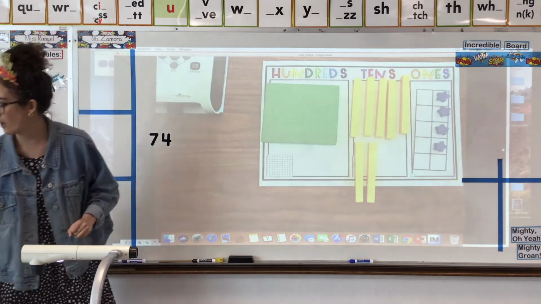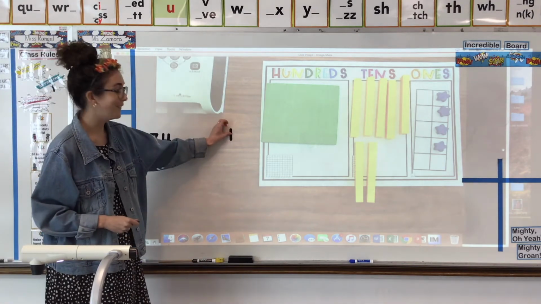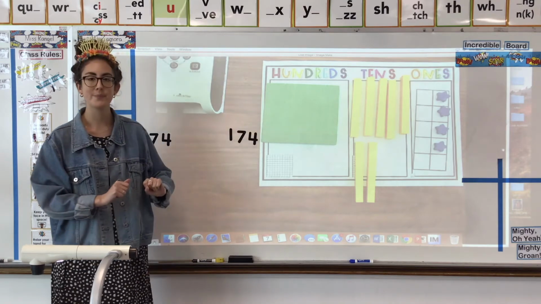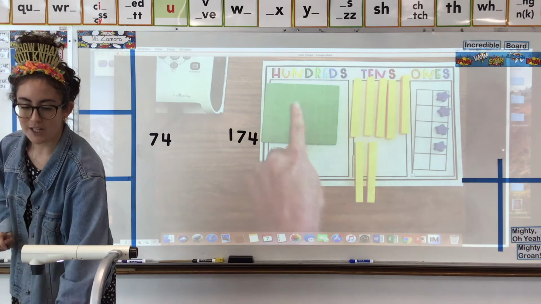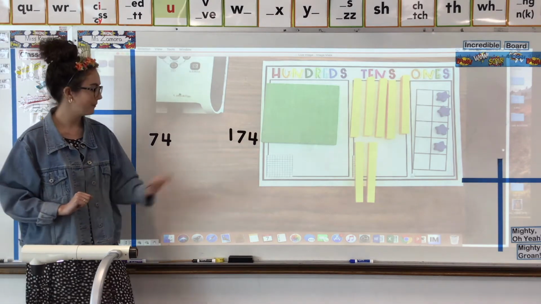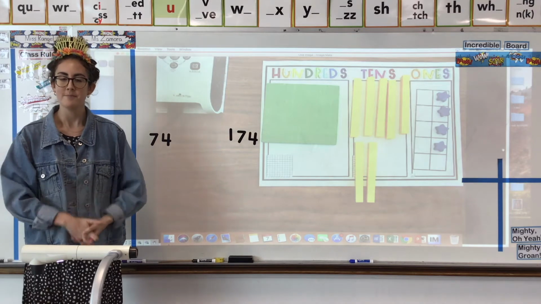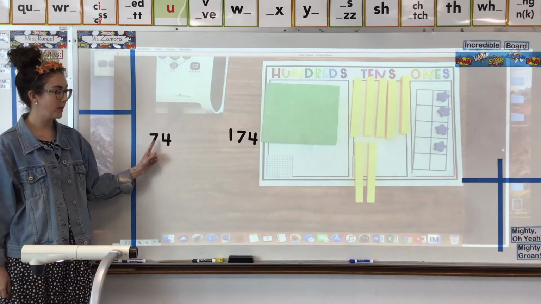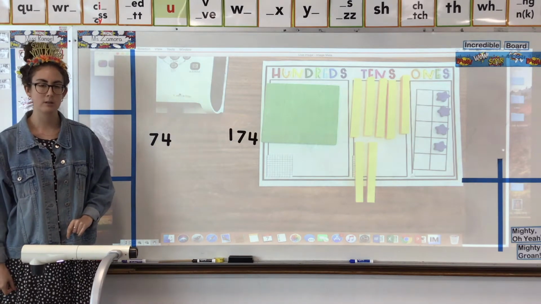What number's on our board now? 174. We didn't change our tens or our ones. We just added 100 and got 174.